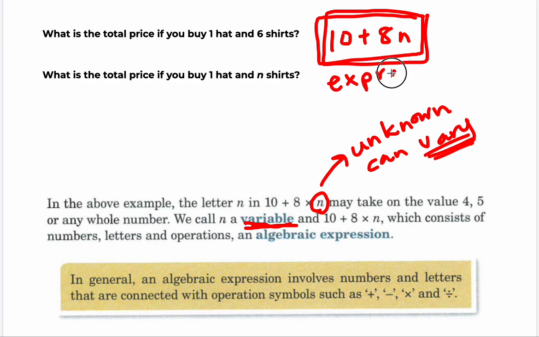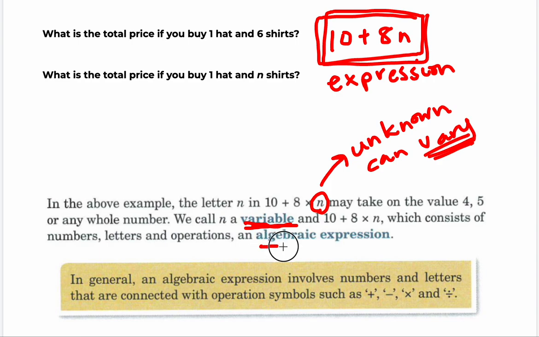Okay? So the letter is called the variable. The entire kind of sentence or phrase that includes adding, subtracting, multiplying, dividing, numbers, and variables is called an expression because we're using it to express what's going on in a situation.